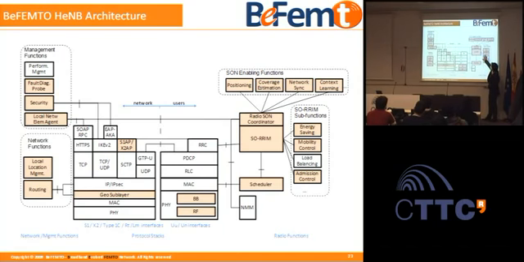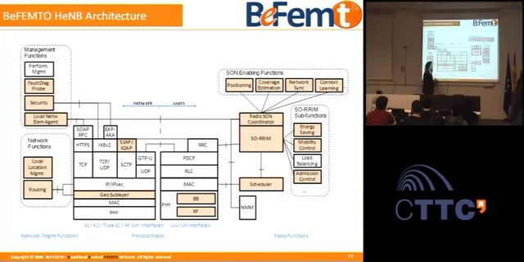And this is a new thing. So we have a very strong SON functionality building block here in BeFEMTO. There's a lot of stuff being done in terms of self-optimization. RRIM stands for Radio Resource Interference Management. And the ones which are in red are new.